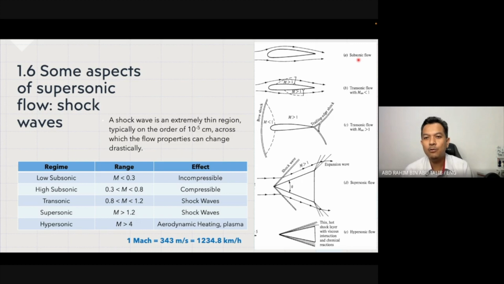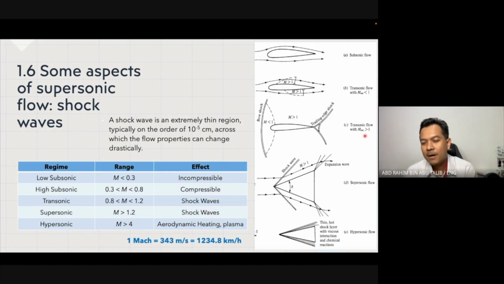For subsonic flow, the Mach number is less than 0.3, right? And then for transonic flow, the free stream Mach number is less than 1. You can see that there are regions of Mach more than 1 above the airfoil and below the airfoil.